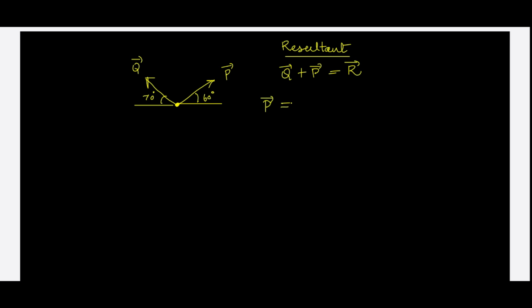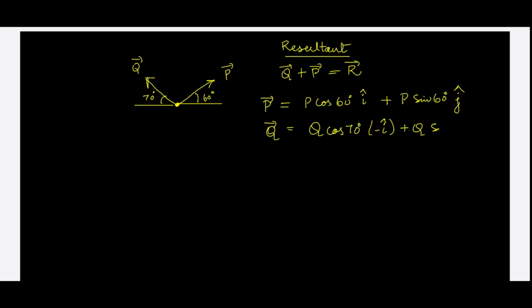P vector is P cos 60 degree along the i-axis plus P sine 60 degree along the j-axis, and my Q vector is Q cos 70 degree along minus i cap plus Q sine 70 degree pointing vertically upwards, which is j cap.